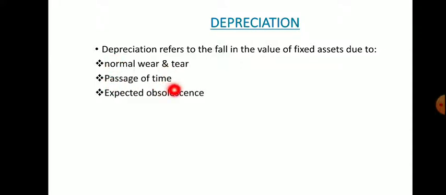Then passage of time: maybe you are not using that product, but still, due to rain, wind, weather or such natural factors, if you keep it, its value will again decrease. And expected obsolescence means people expect that in future new technology will come and this technology will become obsolete or outdated, so after some period of time its value depreciates.